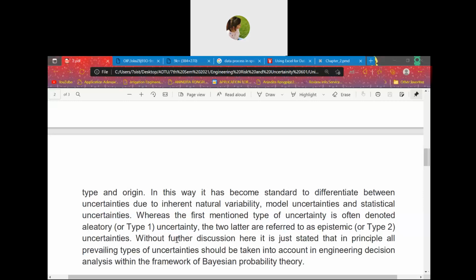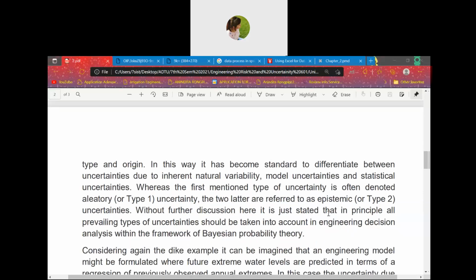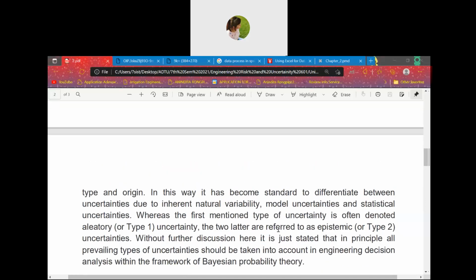Without further discussion here, it is just stated that in principle, all prevailing types of uncertainties should be taken into account in engineering decision analysis. So when you have to do an engineering decision analysis, you have to take into consideration mainly these three types of uncertainties: natural variability, model uncertainties, and statistical uncertainties.